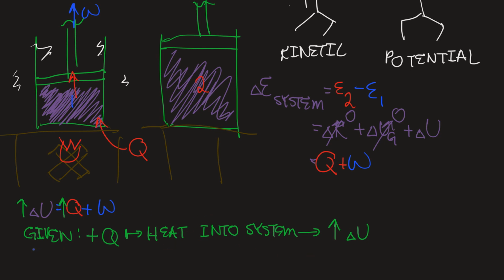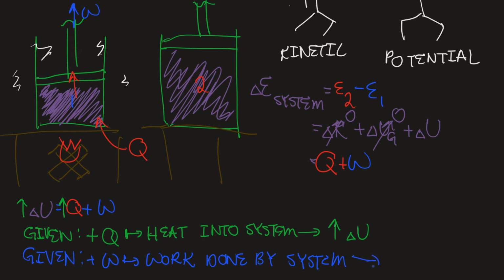Now let's look at the work. So given that a positive work means that there is work done by the system, just like it's drawn in the diagram. So we're imagining that our system is at a higher pressure than its surroundings, so it's pushing this piston up, so it's doing work.